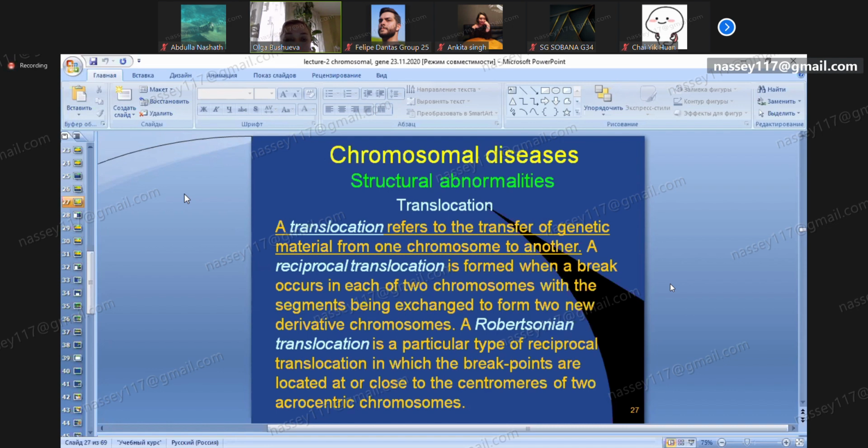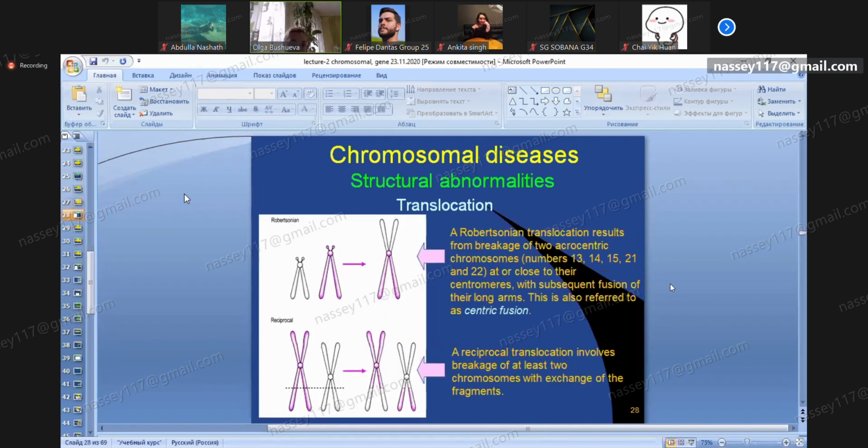A Robertsonian translocation is a particular type of translocation in which the breakpoints are located at or close to the centromeres of two acrocentric chromosomes. A Robertsonian translocation results from breakage of two acrocentric chromosomes. We know five pairs of acrocentric chromosomes: 13, 14, 15, 21, and 22.